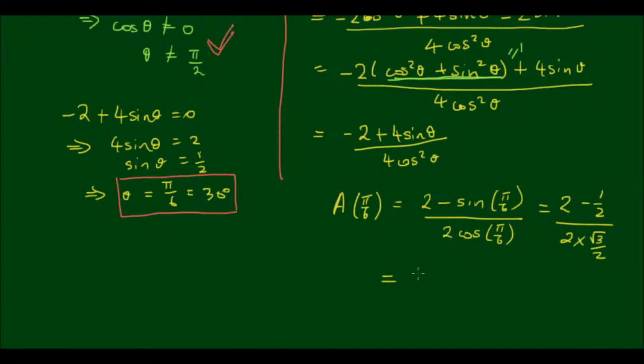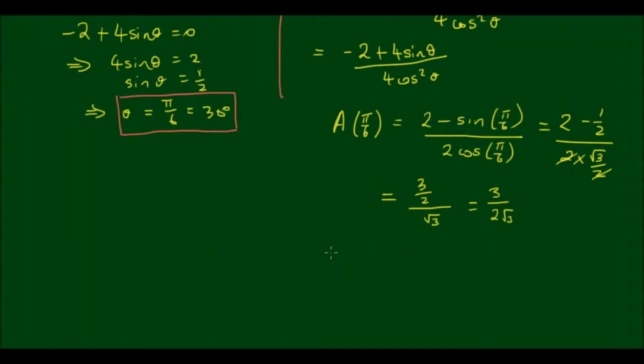So this is 2 minus 1/2 is 1.5. So fractionally that's 3 on 2 divided by, these 2's cancel out, so divided by root 3. So we have 3 divided by 2 times root 3.